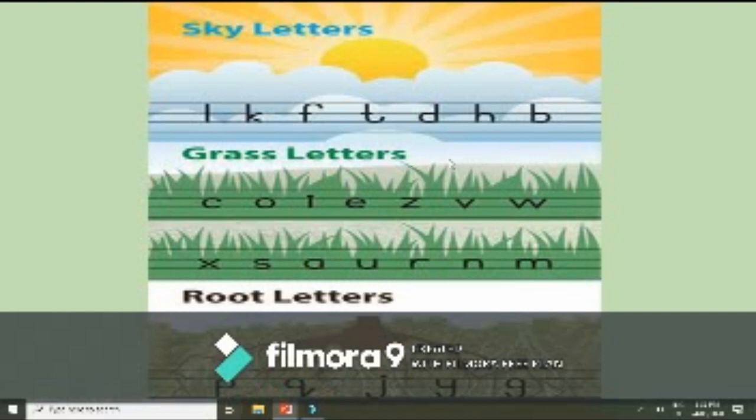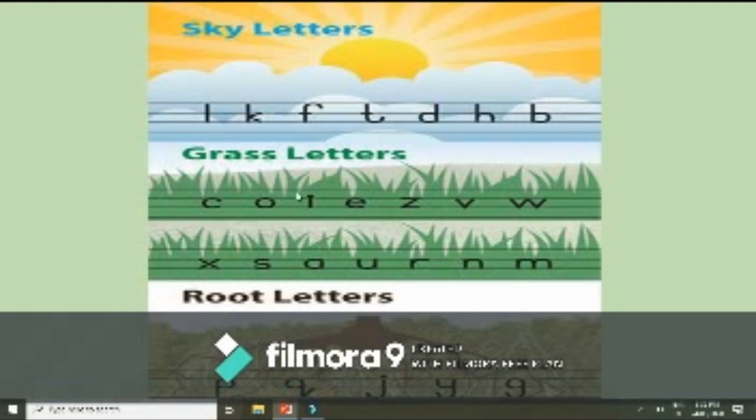Now come to grass letters. Grass letters, as I told you earlier, fit between the grass lines, the middle 2 lines, and the letters are C, O, I, E, Z, V, W, X, S, A, U, R, N, M. All these letters fit between these 2 lines, so they are grass letters.